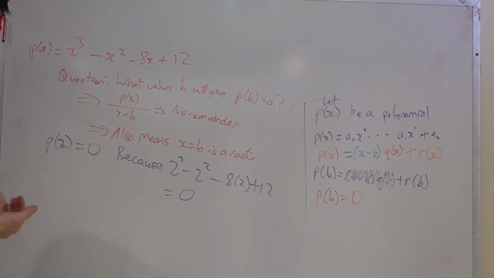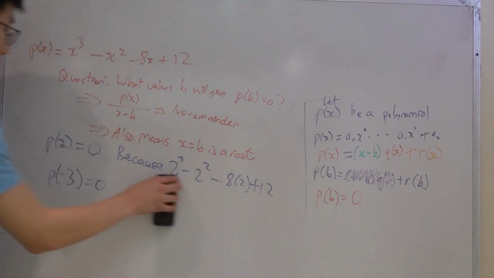Maybe you were a little more adventurous and you tried -3. You would have also noticed that p of -3 is equal to 0. That means that -3 is also a root. Now we are at the tough part. So we figured out that 2 is a root and maybe -3. The thing is, I don't want you to try 2 numbers.